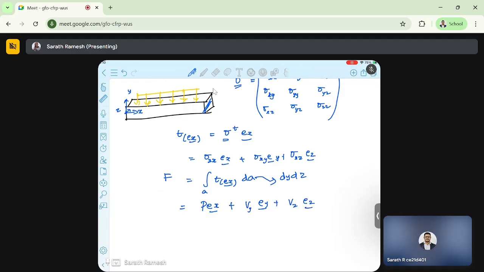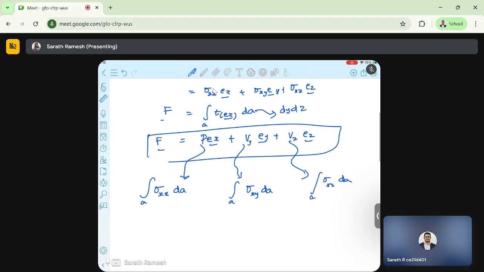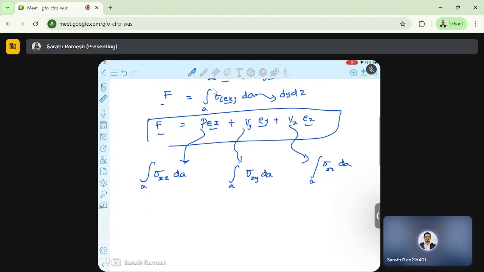So this is my force vector. P is the axial force, sigma xx dA. Vy is the shear force, sigma xy dA, and Vz is sigma xz dA, over the cross-section area. Fine, this is the force along the section.